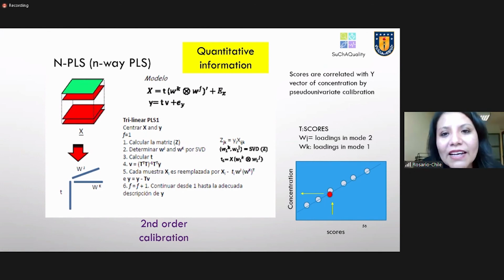The use of hyphenated methods or the cube of information does not guarantee the second order advantage. So maybe with UPLS I obtain the second order advantage, but with NPLS, not for one sample, but for other kinds of samples, PARAFAC or NPLS will have the second order advantage and not UPLS.